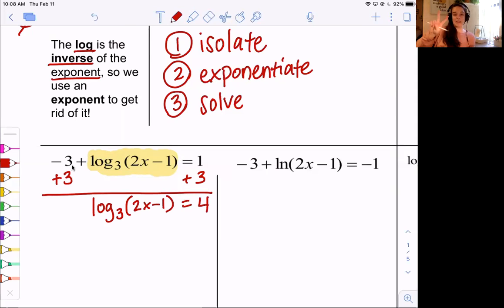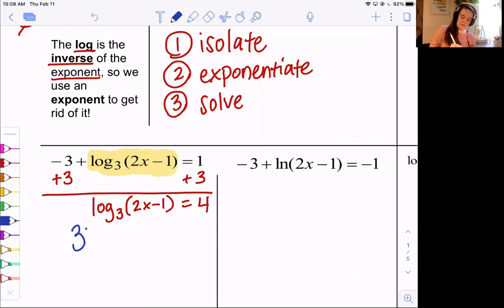My second step is exponentiating, okay? So since I have a base of 3, what base number do I need to put here in order to cancel the log base 3? 3, yes, chat's blowing up, great.